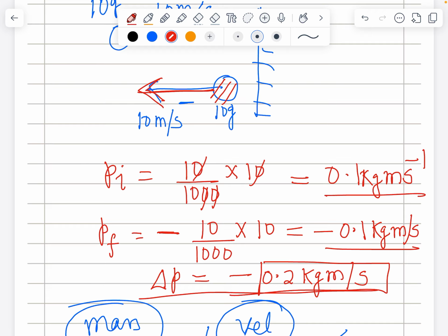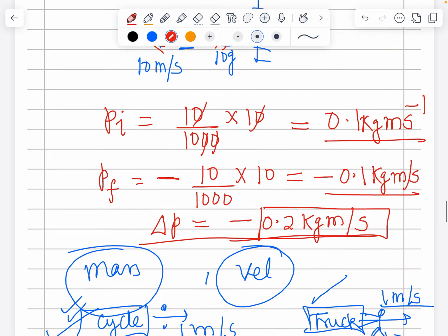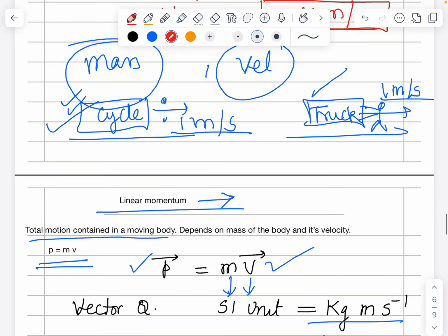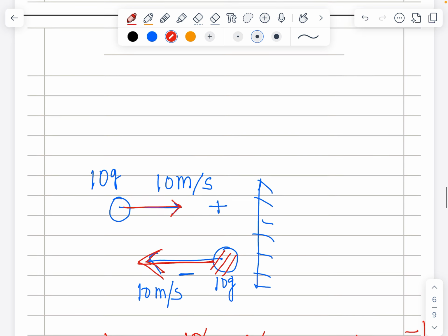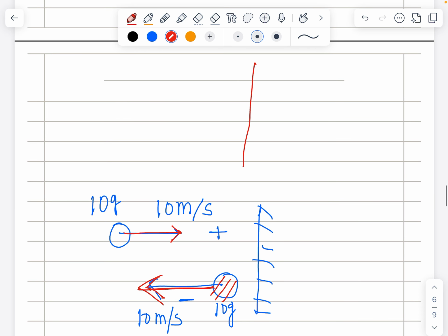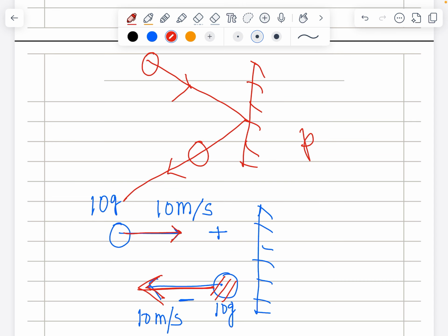So this way you can find if the motion is along the same direction. And if it is like this way, here this is the wall, the ball comes this way, and after striking the wall it goes in this direction, then we can find it only by using this vector method. It's clear.